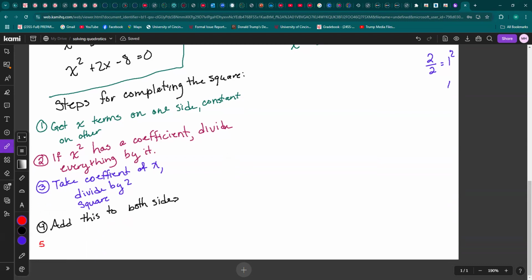So step 5, left side should be a perfect square trinomial, written as the binomial squared.